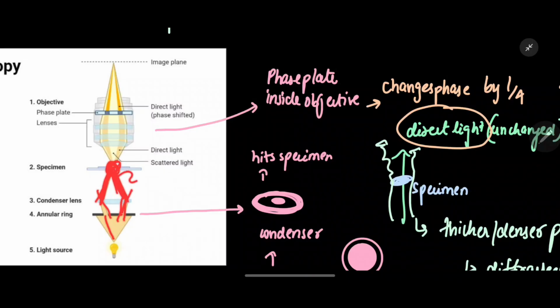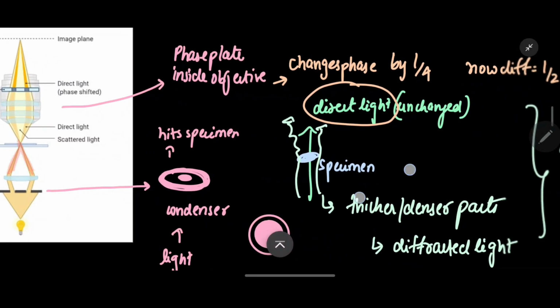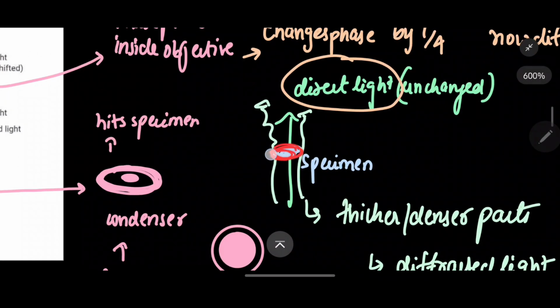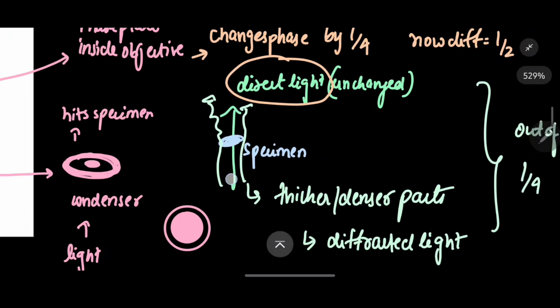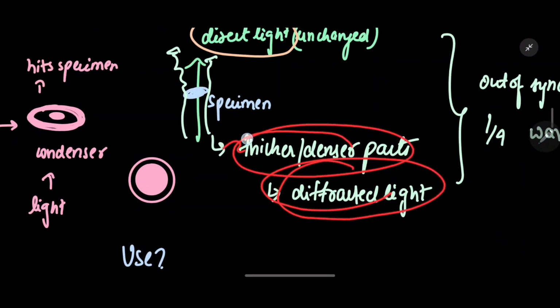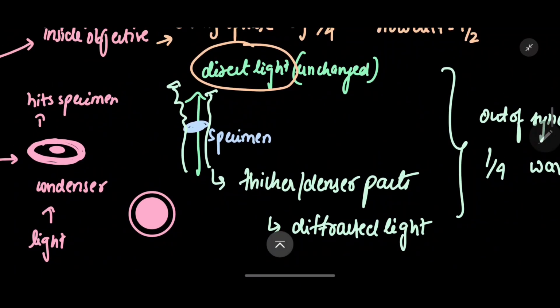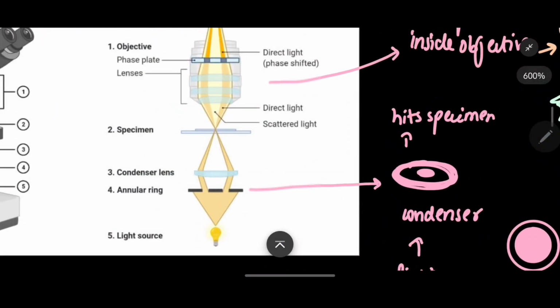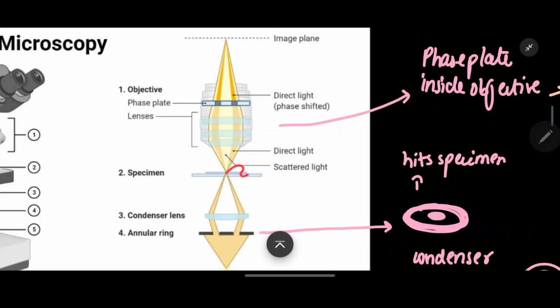Now when the light hits your specimen, there are going to be two types of light. Look at this. There is some light that is going to pass through the denser parts, the thicker parts, and that is going to be your diffracted light. And there's going to be some light that is direct and unchanged.